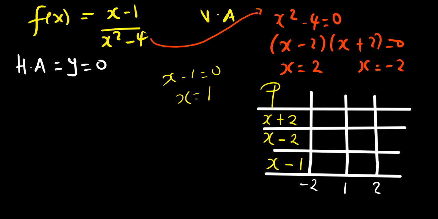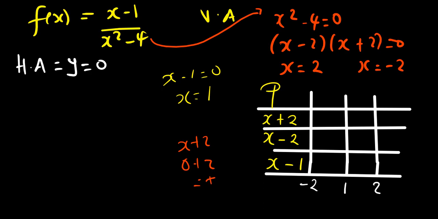Now let's determine our solution set. Which equation gave us a negative 2? The equation that gave us a negative 2 is x plus 2, the one on top. So let's solve that. If we get any number that is greater than negative 2, let's say between negative 2 and 1, let's say we get 0, so 0 plus 2, you realize that you get a positive number.